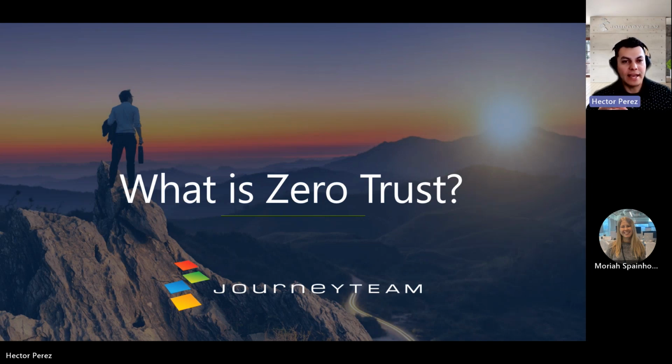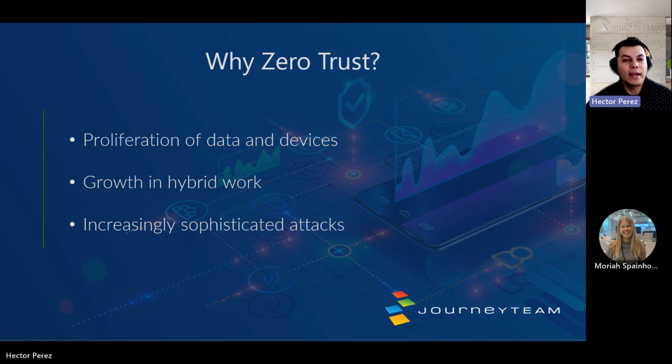So based off of that premise, we have some reasons as to why zero trust is a buzzword and why it's such a big focus now within a lot of organizations. The reason why we're talking about zero trust goes back to three key points. One of them is the proliferation of data and devices.